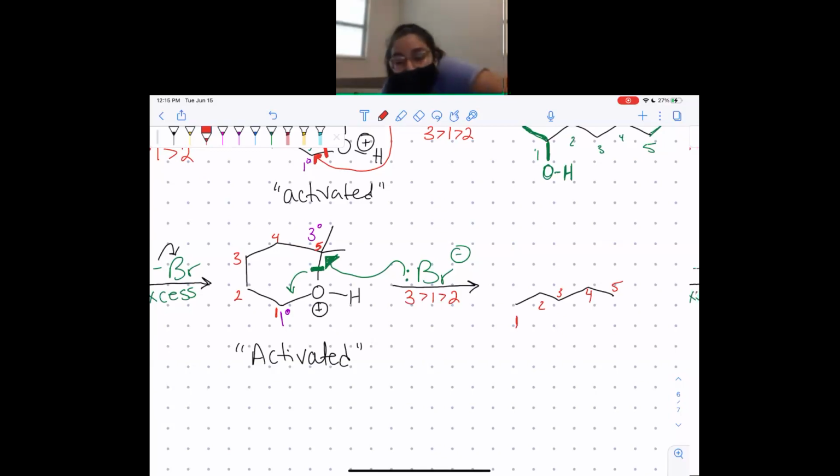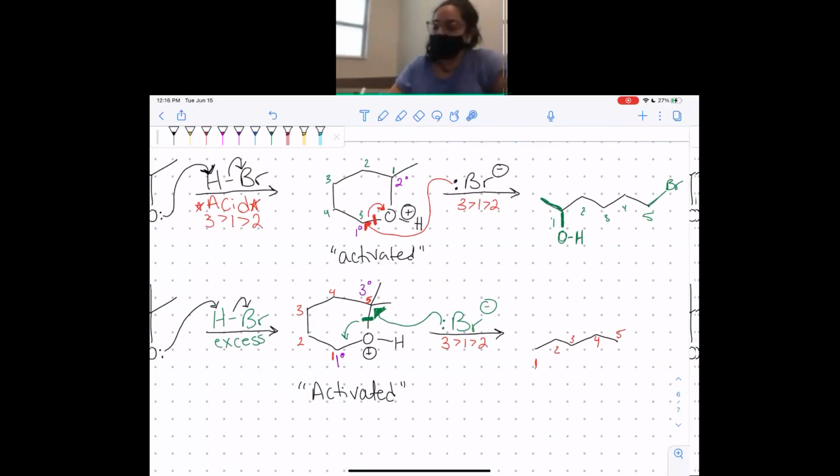Okay, so a couple questions. Someone said, where did we cleave on the one above? So on the one above, we chose the primary position because we were comparing primary and secondary. But here we're going to choose the tertiary one because we're comparing tertiary and primary.